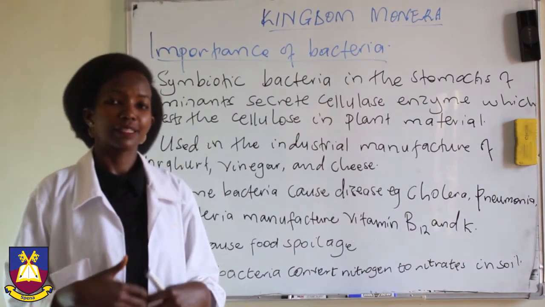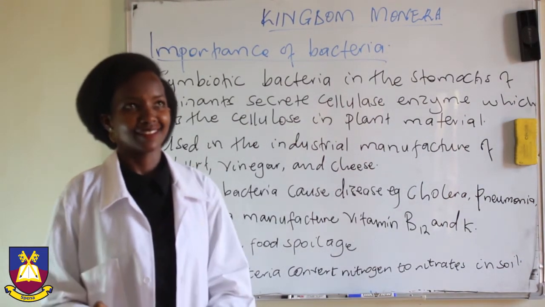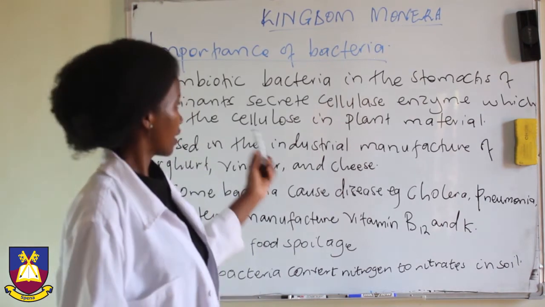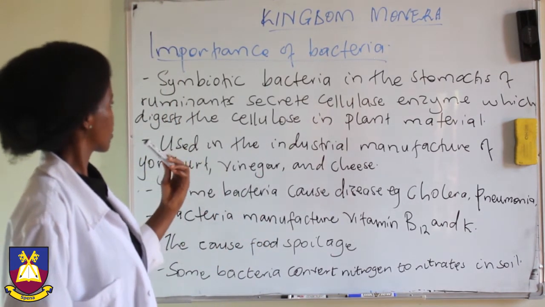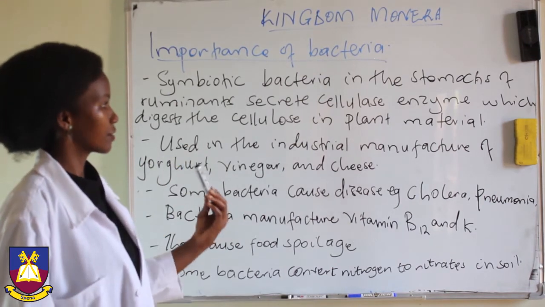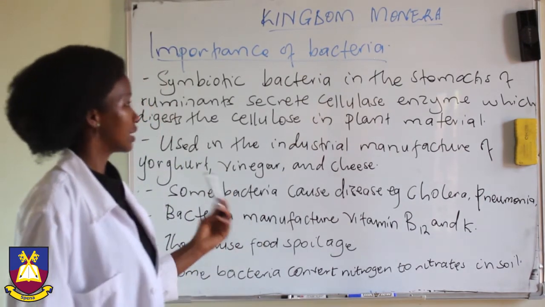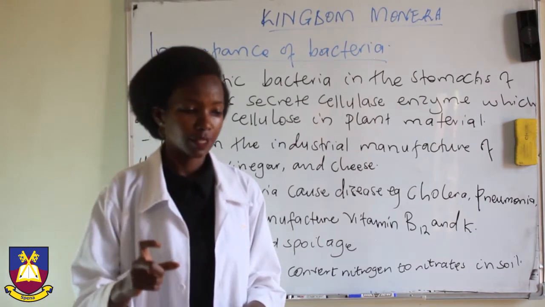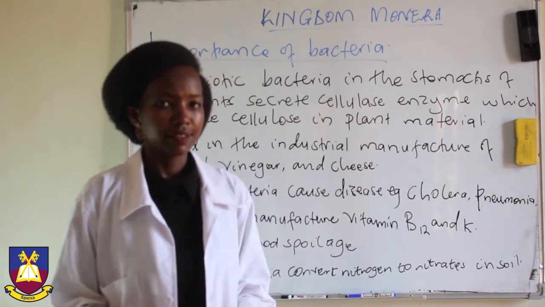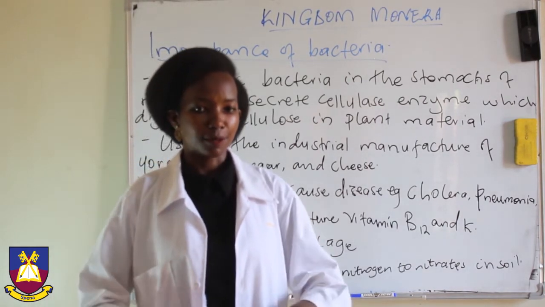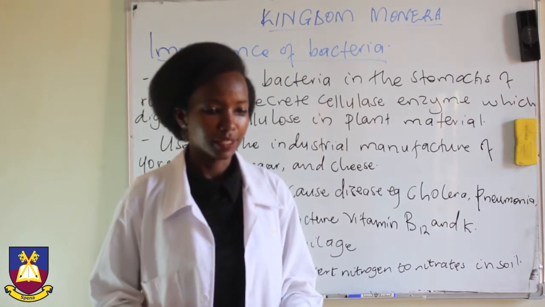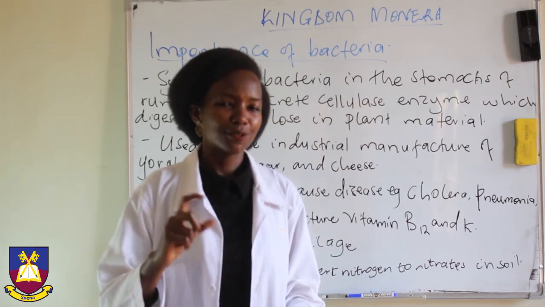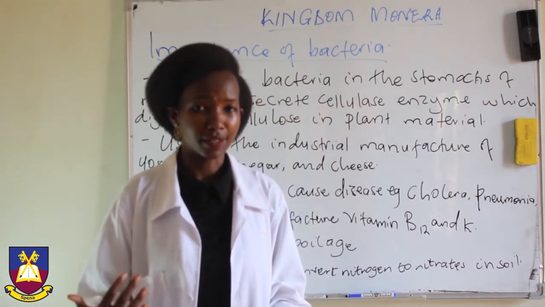Some of the importance of bacteria are these below. For example, symbiotic bacteria in the stomachs of ruminants secrete cellulase enzyme which digests the cellulose in plant material. Ruminants are those organisms that can chew cud, okay? And for the most part, those organisms feed on grass.